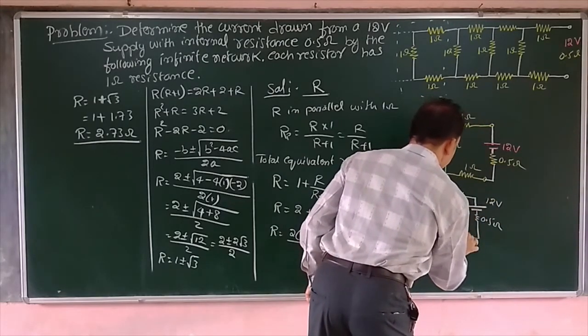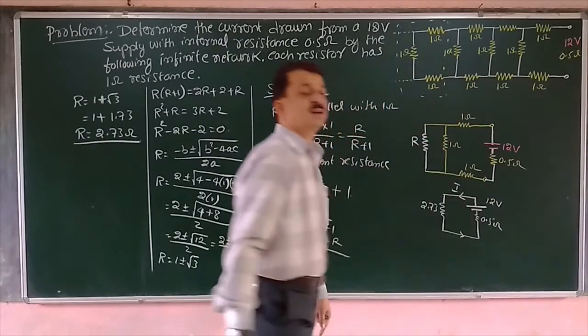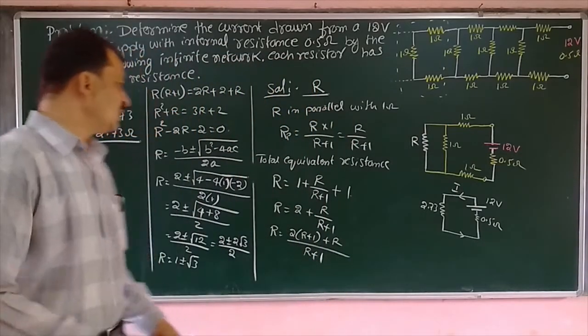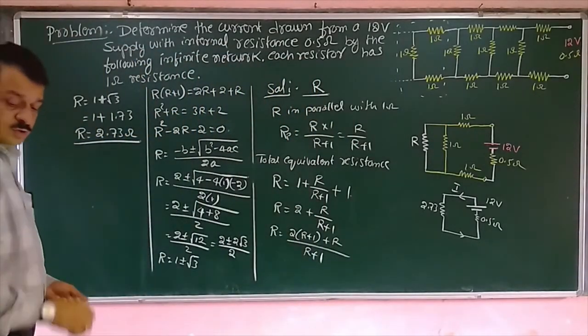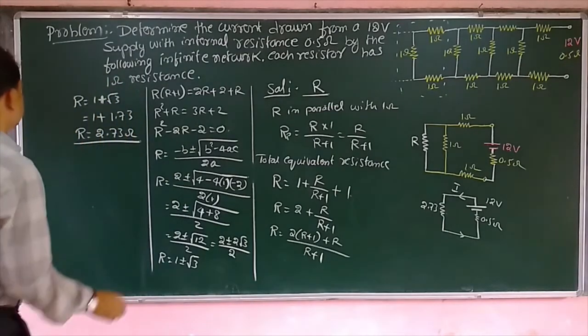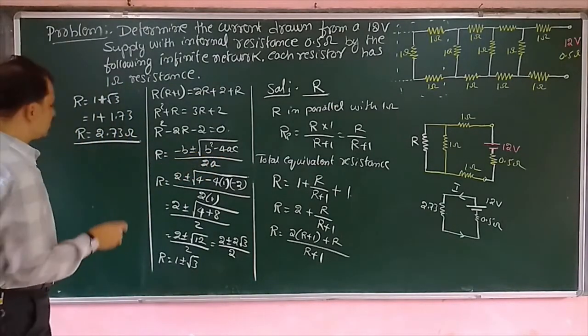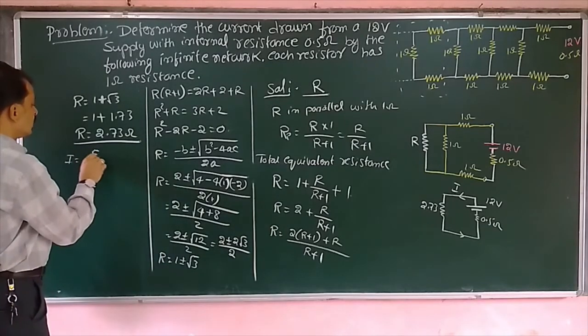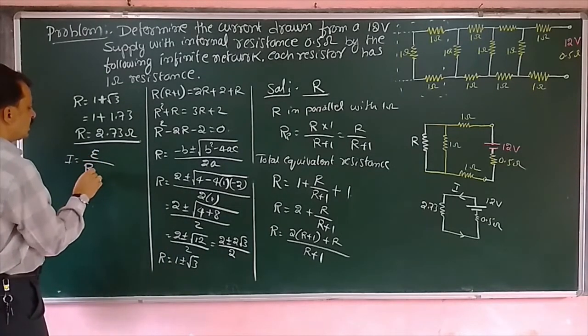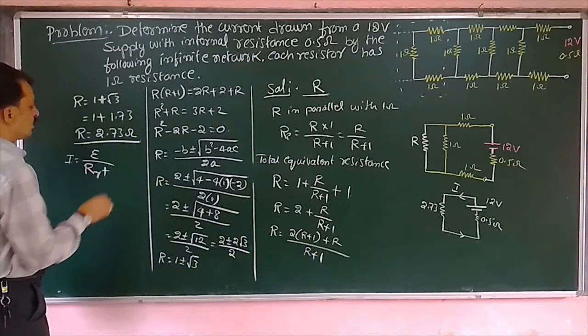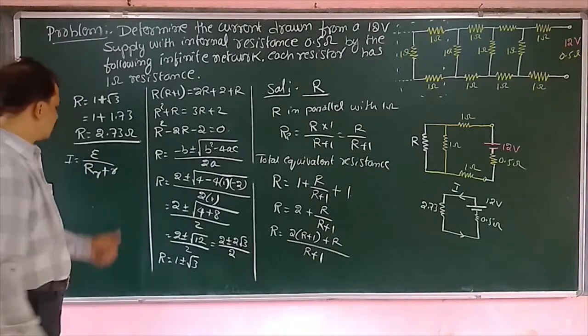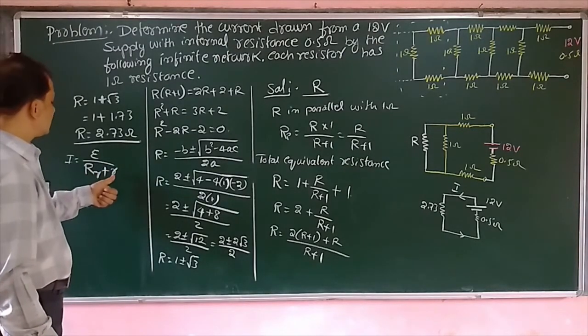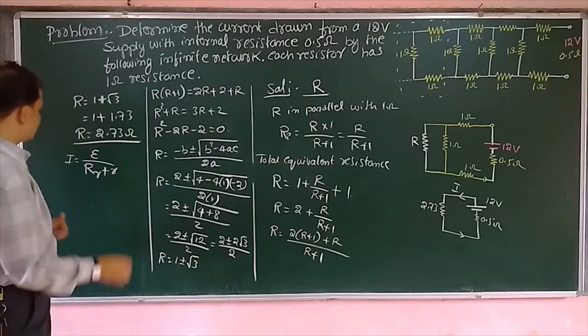Now we have to work out what is the current drawn. What is the current in the network? So current I in the network is equal to EMF divided by R equivalent plus small r, R equivalent resistance and small r the internal resistance.